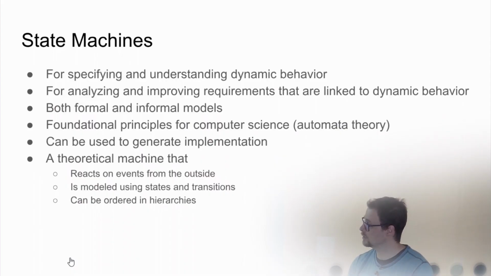We model this machine using states and transitions, and we can order these machines in hierarchies. Inside one state we can have a new state machine, and inside the states of this state machine we can have a new state machine, and so on and so forth. So we can take a look at the high level, and we can dive into the details using state machines.